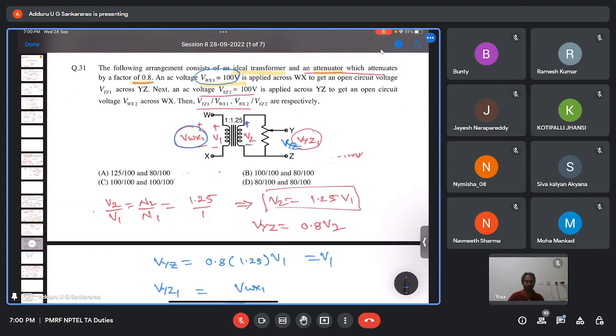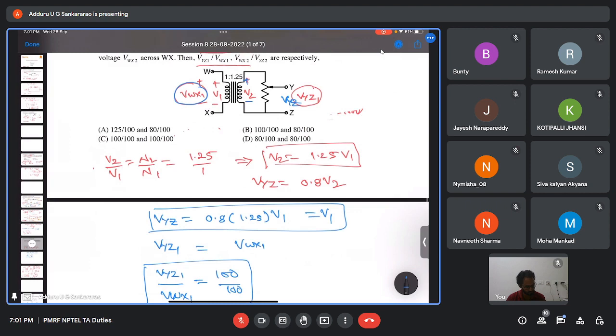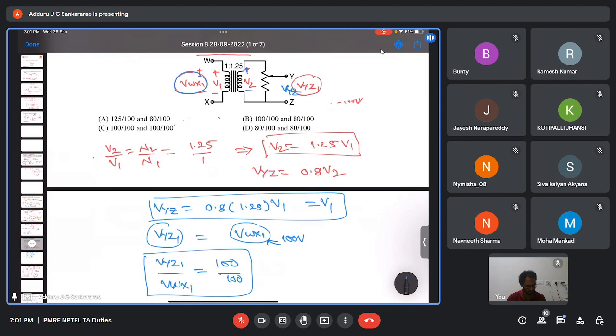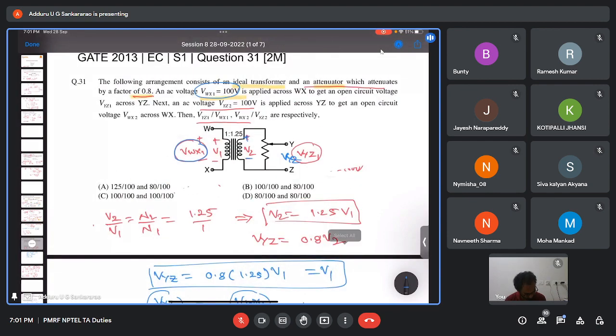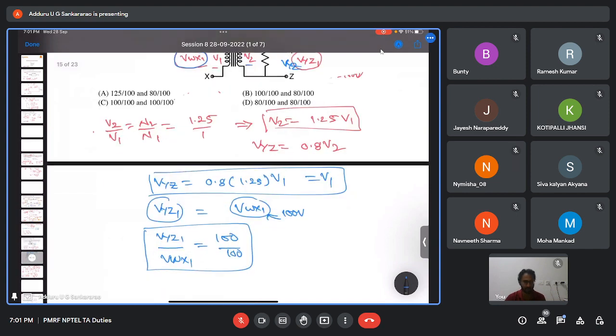So we got the relation between Vyz and V1: Vyz equal to V1. So when V1, which is Vwx1, is 100 volts, Vyz1 also will be 100 volts. So the first thing they have asked, Vyz1 by Vwx1, is 100 by 100.